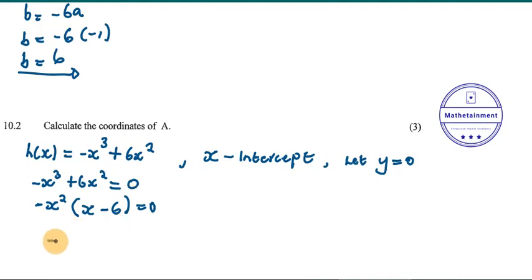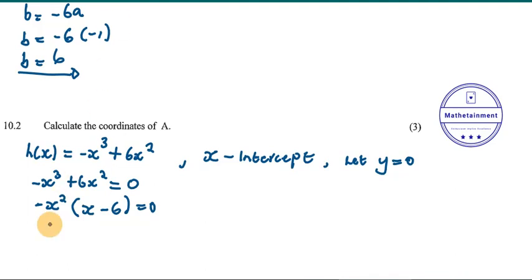That makes minus x squared equal to 0, or x minus 6 equal to 0. Or else, to avoid confusion, you can just divide throughout by minus x squared.